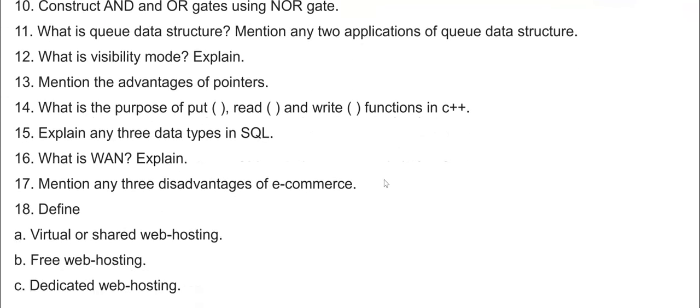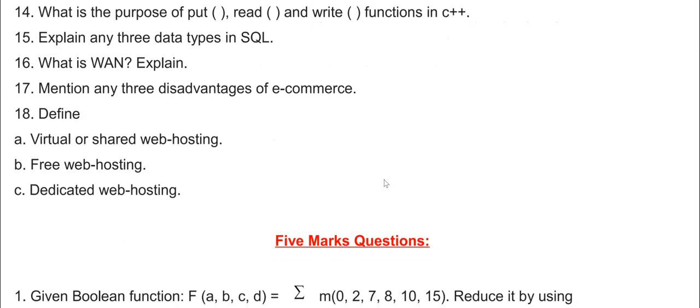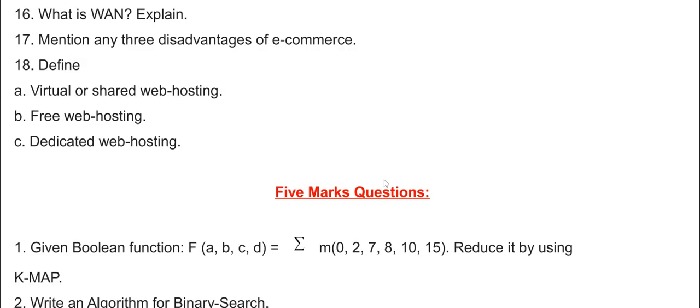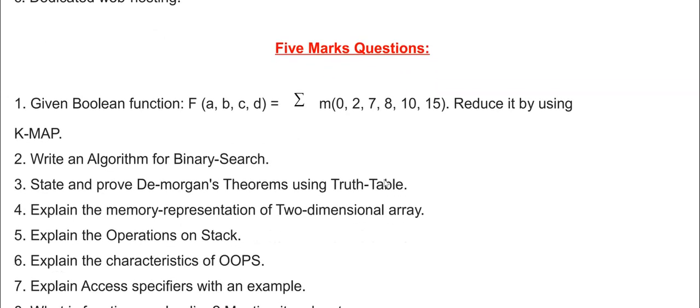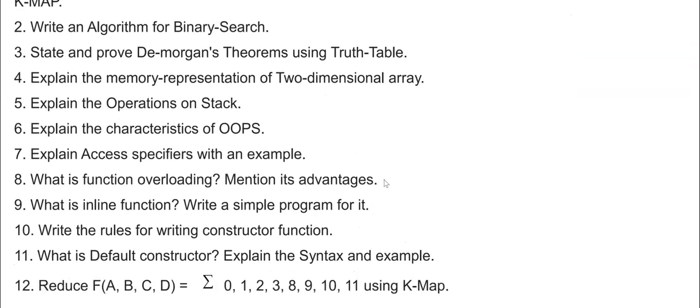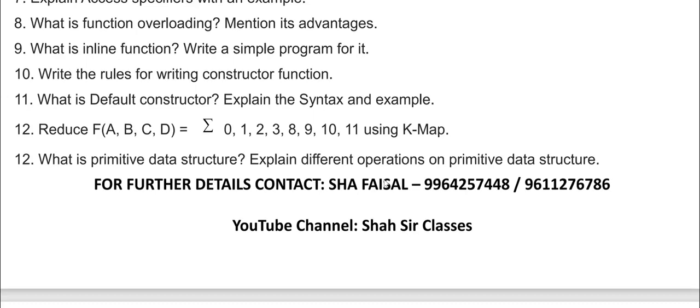The chances are very high that questions can appear from these. I request all the students to maintain notes, copy these questions, make a note and start revising. These are all very important questions.